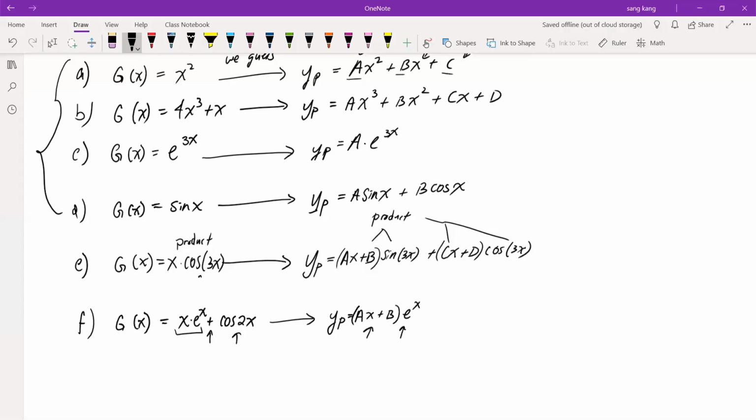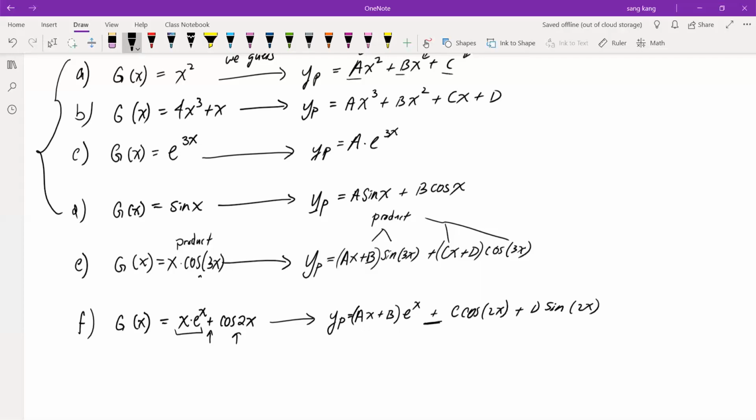And we'll have c cosine 2x plus, we also need a sine term because cosine and sine terms are cyclical when we differentiate them. So we want to make sure we cover both sine and cosine terms. And all we did was have a linear combination of the solutions for these two terms.